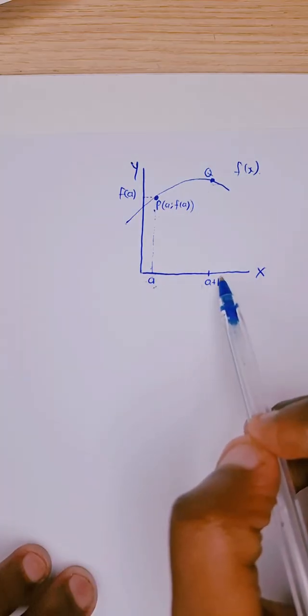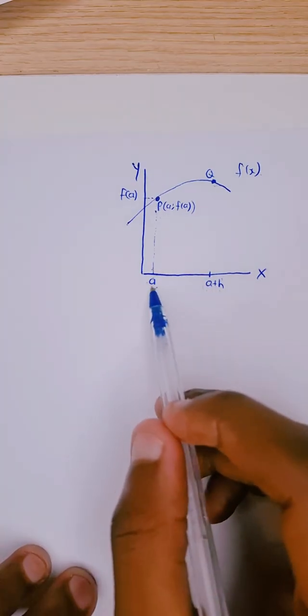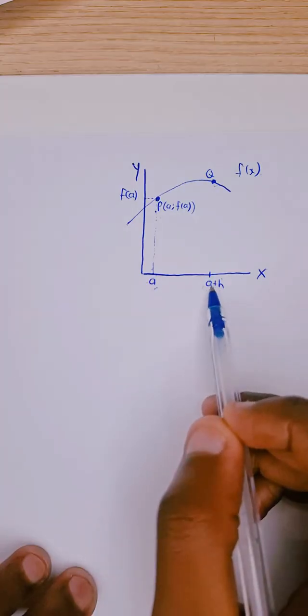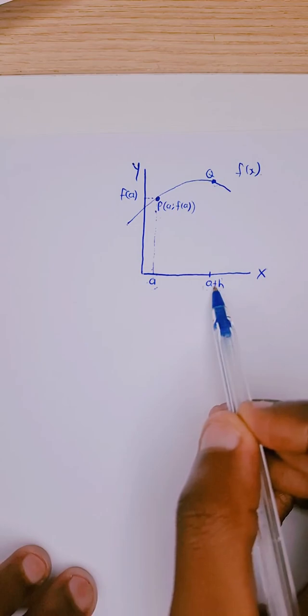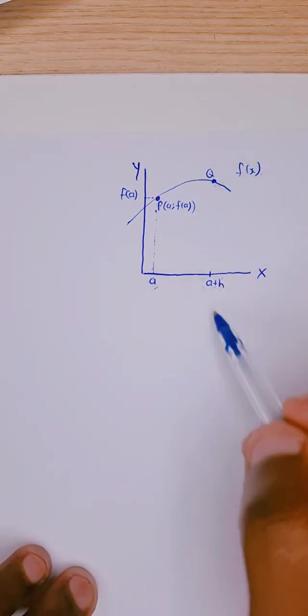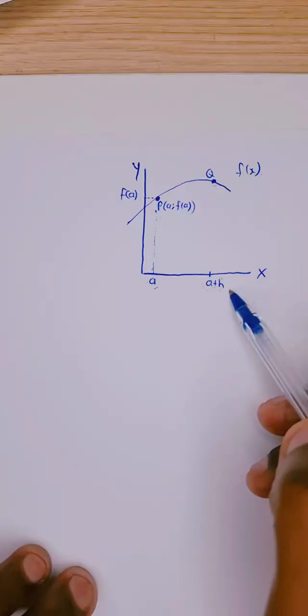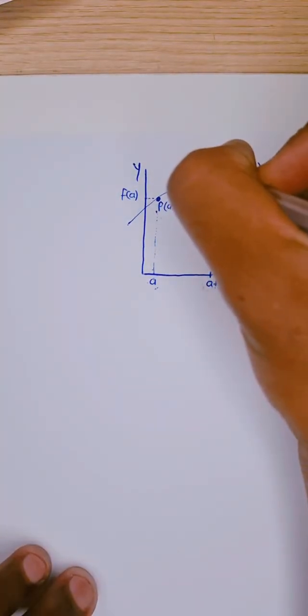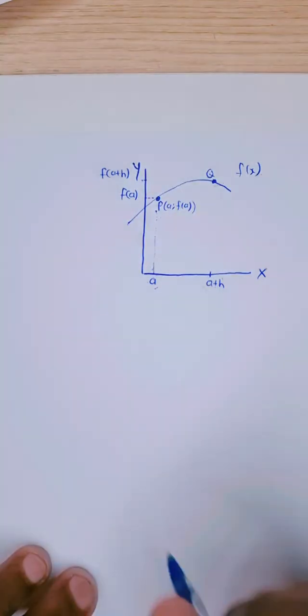So the a plus h is just to indicate that we've added h to a to get the specific x coordinate that Q has. So this is the x coordinate of Q, it's a plus h. Then of course the corresponding y value will be equal to f of a plus h.